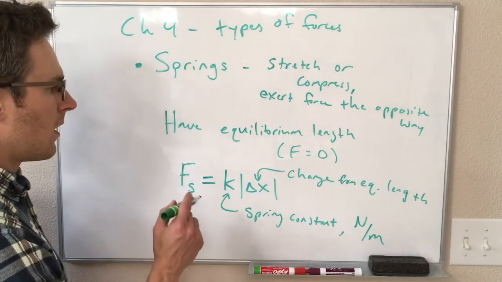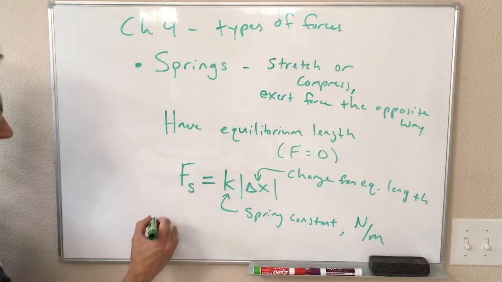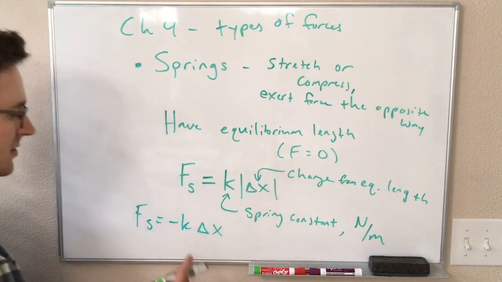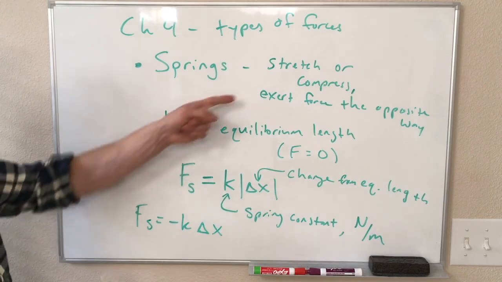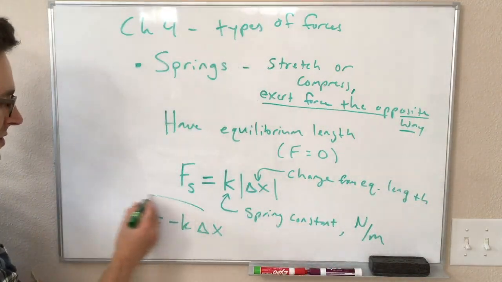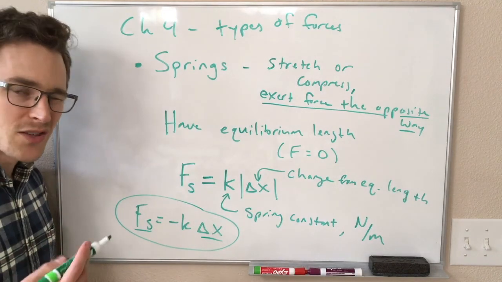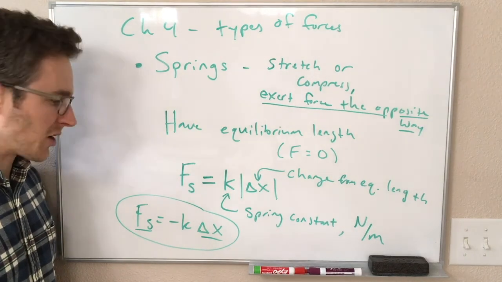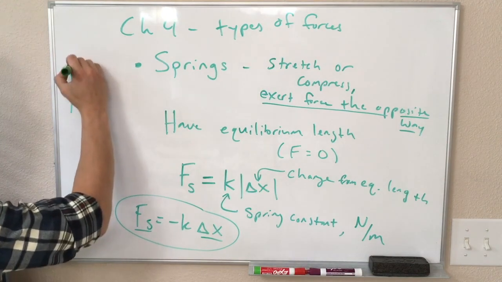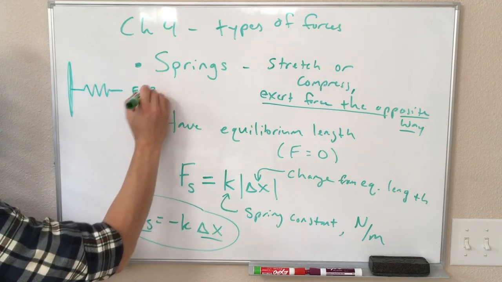All right. So this told me the size of this force. This equation is sometimes also written Fs equals minus K delta X. And this is to try to include information about direction. In other words, this is trying to think of the force and delta X as vector components, or at least as something with direction. So rather than the magnitude of the force, let's say I have this spring against a wall, F equals 0.